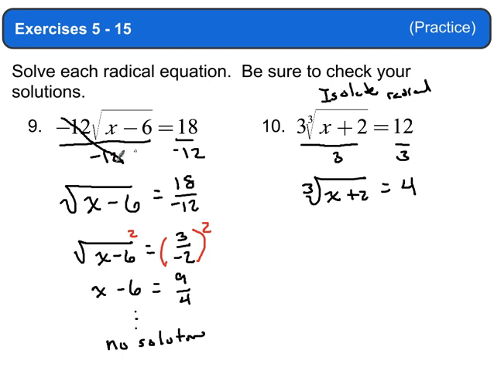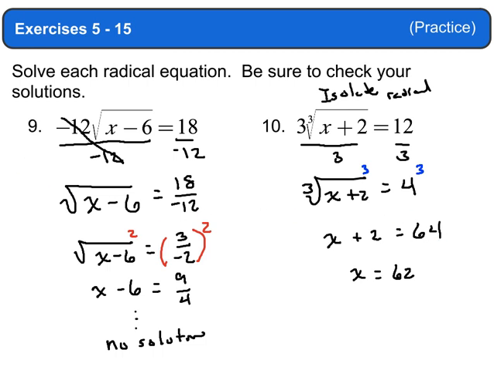And so then, again, you have to cube both sides. So to get rid of a cube root, we cube. And then those cancel. And then you're doing 4 to the third power, which is 64. So you get 64 right here. And then we minus 2 to the other side. And x is equal to 62.